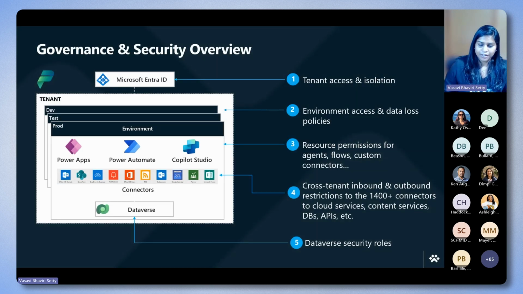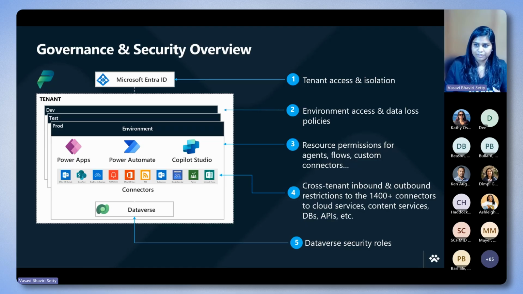So here I wanted to give an overview of governance and security. Again, as you're familiar with Power Platform, you see how foundationally security is built into every layer of Power Platform, and that applies to Microsoft Copilot Studio as well. So it begins at the tenant level and cascades down to other elements within the tenant.